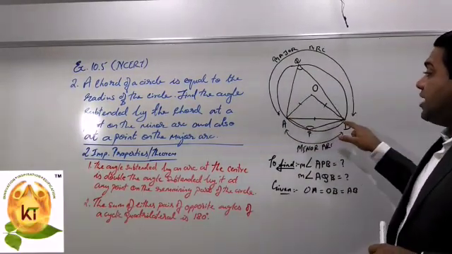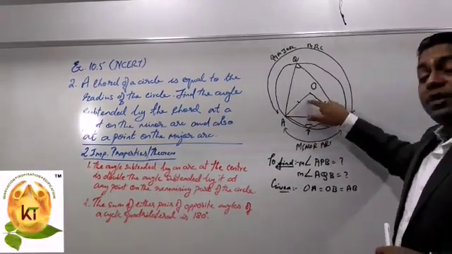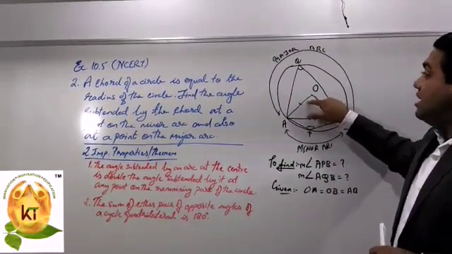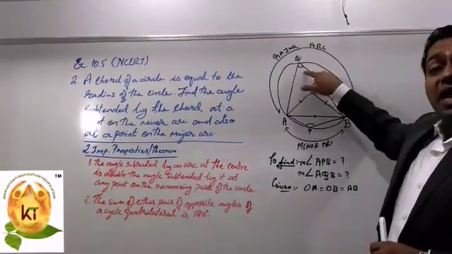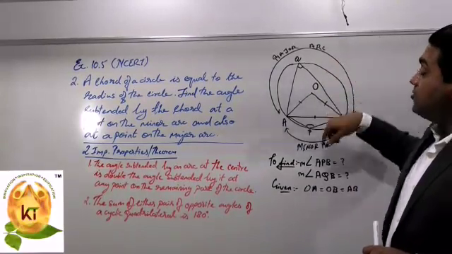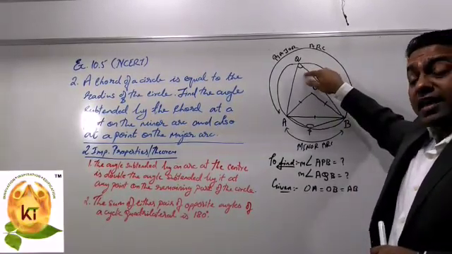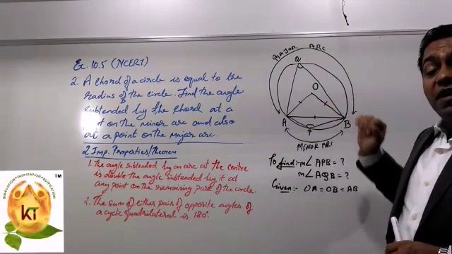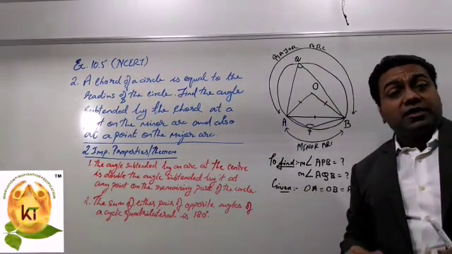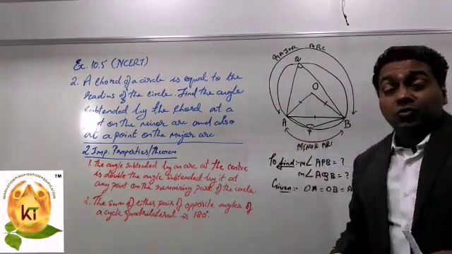Now in this case it's AQB. So whatever the measurement of angle AOB, half will be the measurement of angle AQB. Or in other words, whatever is the measure of angle AQB, double would be the measure of angle AOB. So that's our first theorem property that we are going to use in this question.